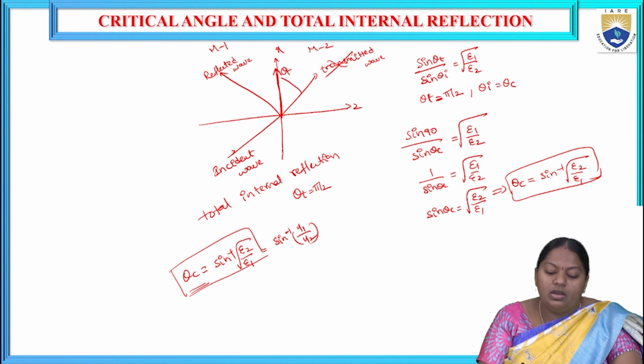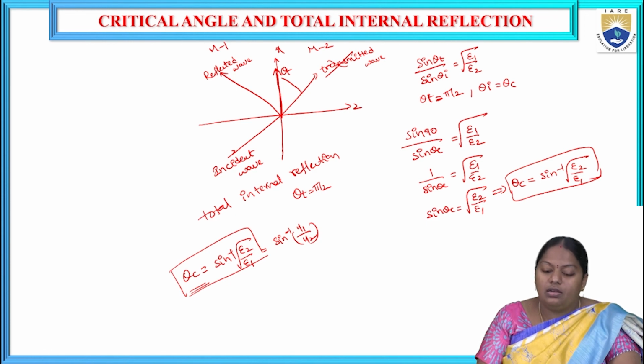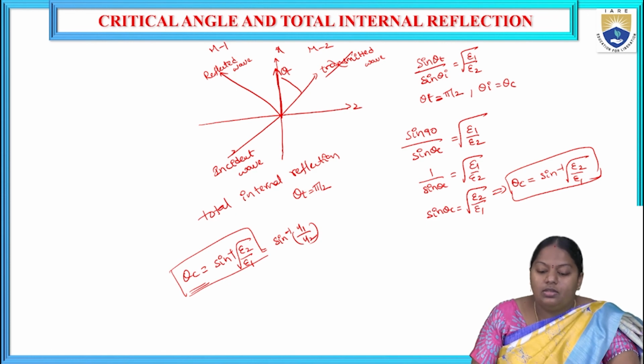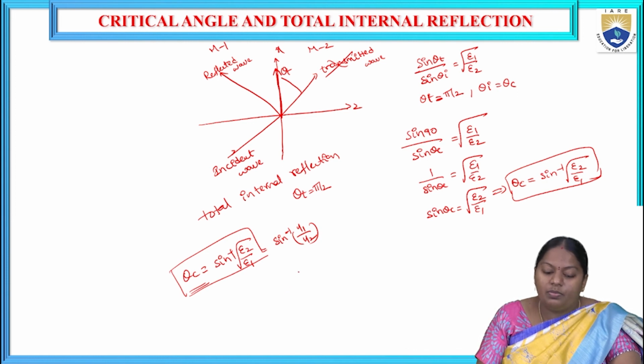Hence, in medium 1 we have two waves, incident and reflected. There is no transmitted wave in medium 2. That concept is called total internal reflection. The angle obtained from that is called the critical angle.